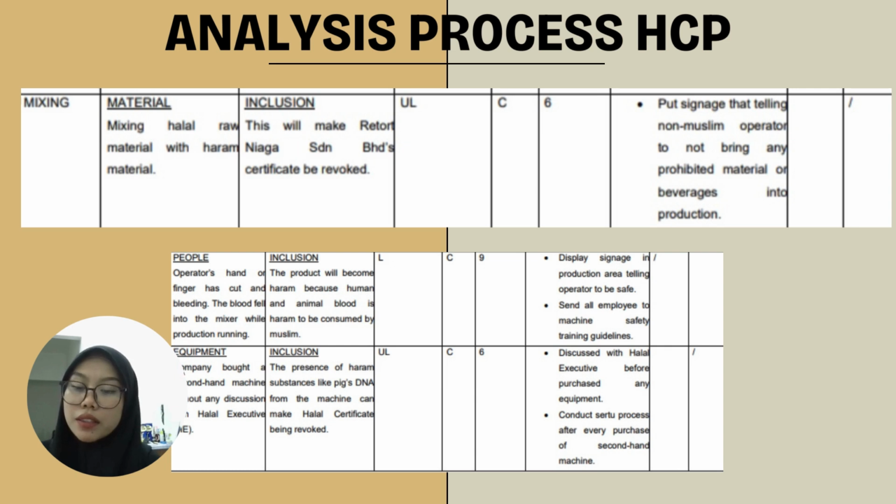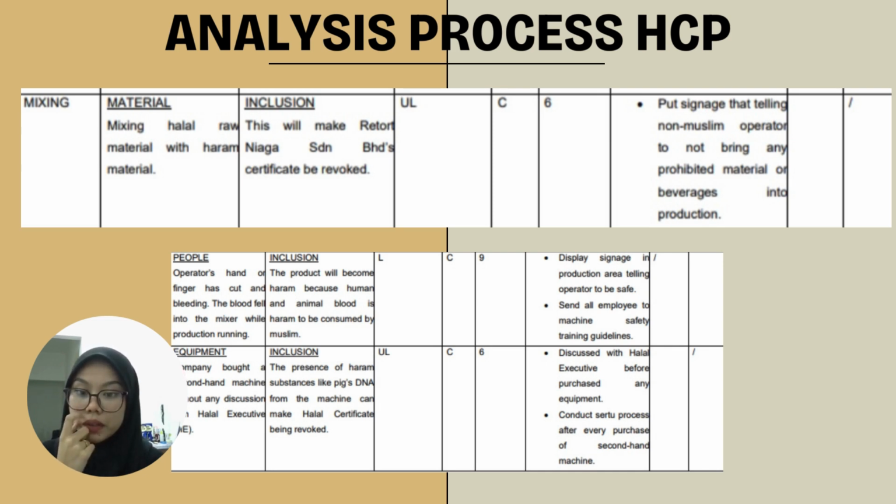And last, the third one is equipment. The company bought a second-hand machine without any discussion with the halal executive. The outcome will be the presence of haram substances like pig DNA from the machine, which can make the halal certification be revoked. The likelihood for this flowchart is unlikely and the severity will be critical.